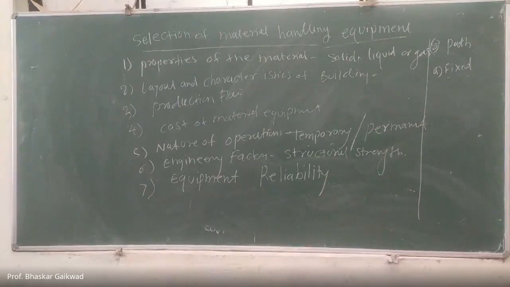Then if a variable path is there, the path is not fixed. So here we cannot use conveyors, monorails, pulley drives, belt drives, overhead cranes. Here we can use flexible material handling systems like forklifts, mobile cranes, tractors, containers, industrial robots, like this variable path equipment or devices are there.